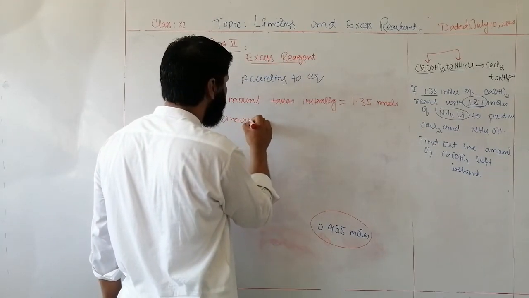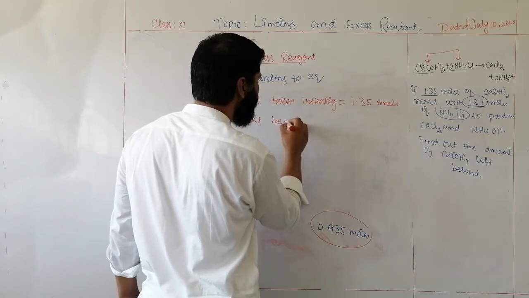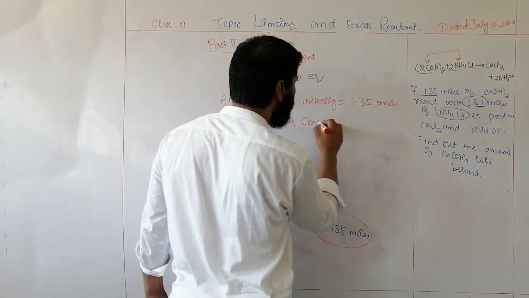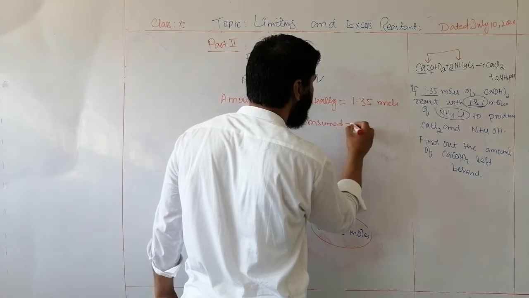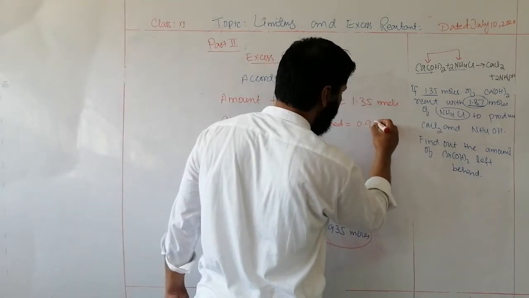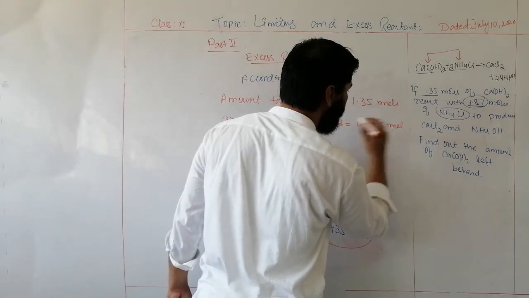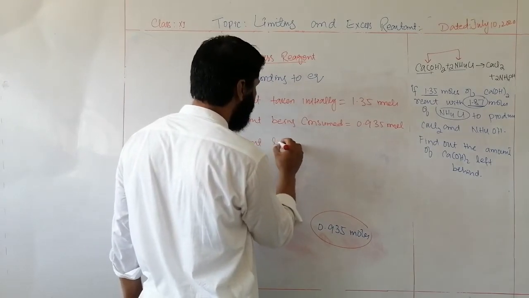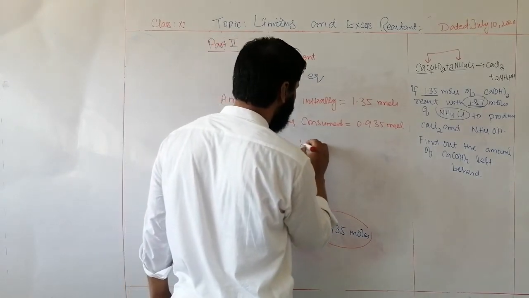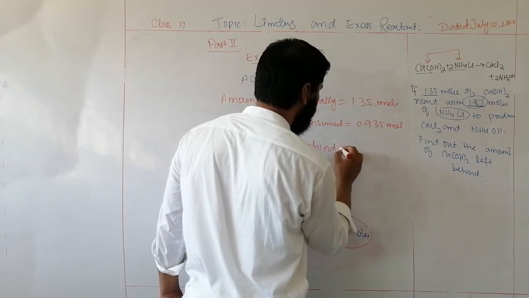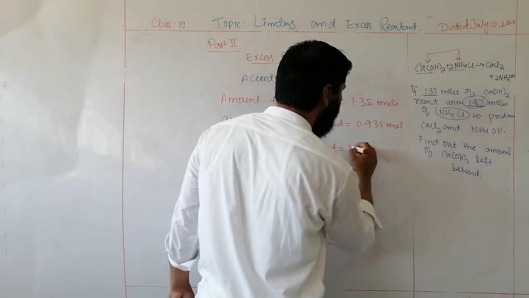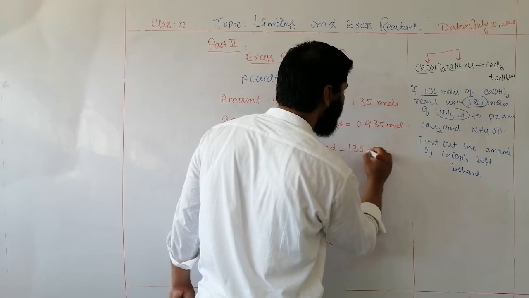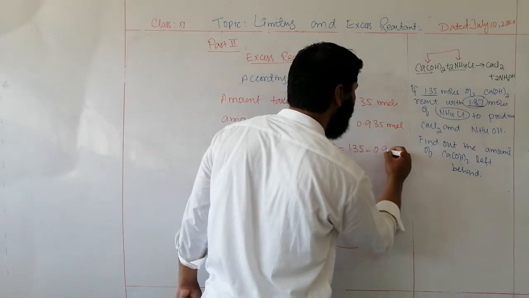The amount being used or consumed is 0.935 moles, and the amount that is left behind will be taken initially 1.35 minus being used 0.935.